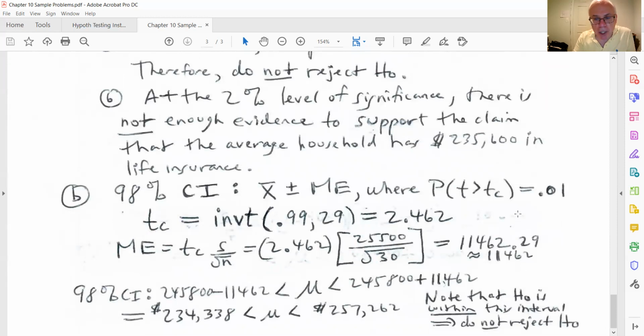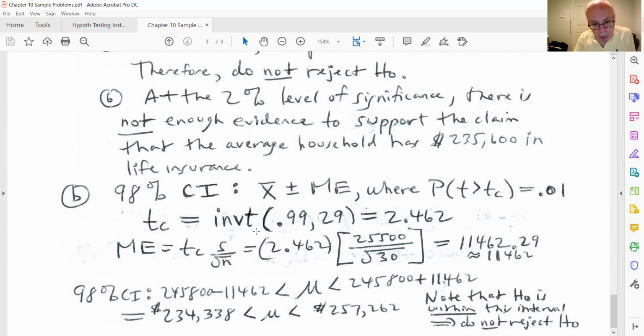Now remember, this is a t situation, so the critical value that we would choose for the margin of error would be one in which the area to the right is 1%, right? Because the confidence interval is 98%. That means the left tail is 1% and the right tail is 1%. So the critical value, the probability that t is greater than that critical value is 1%.